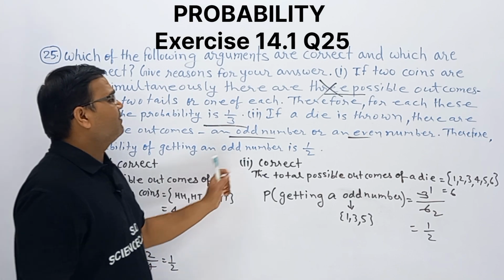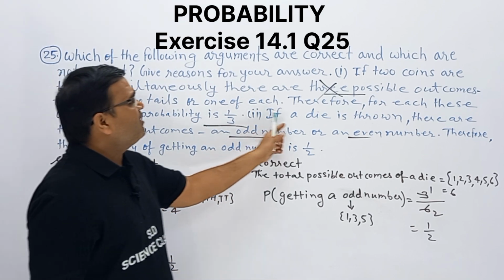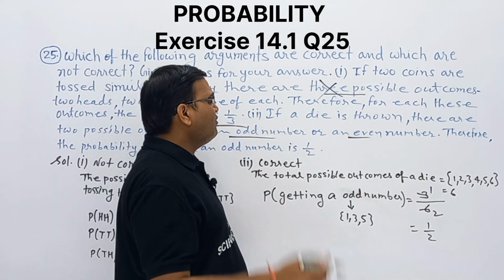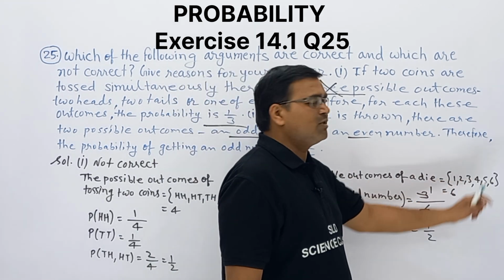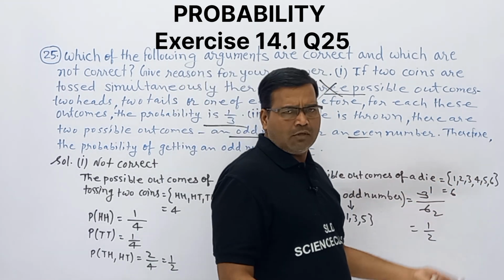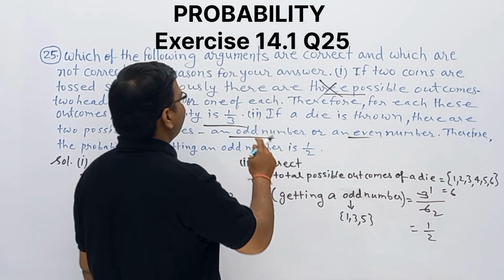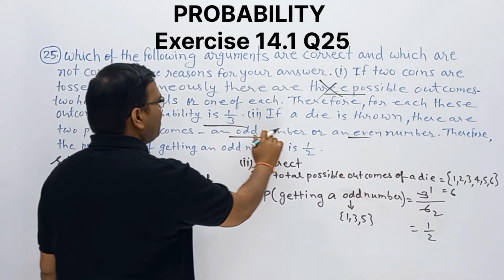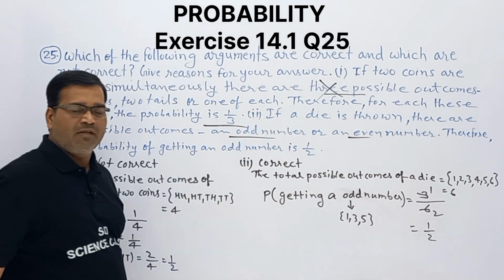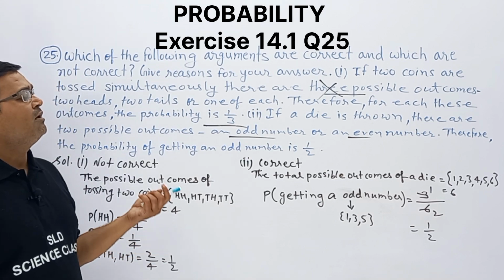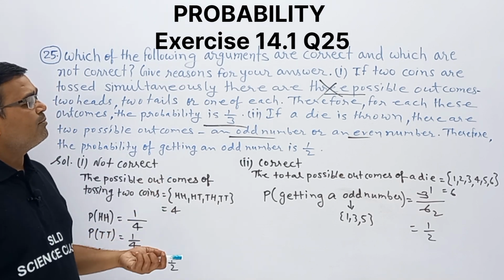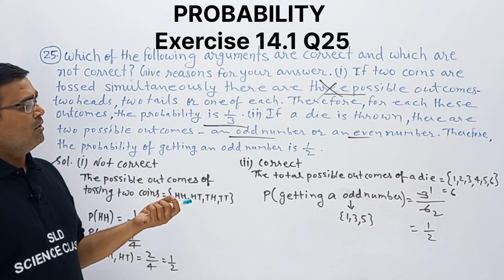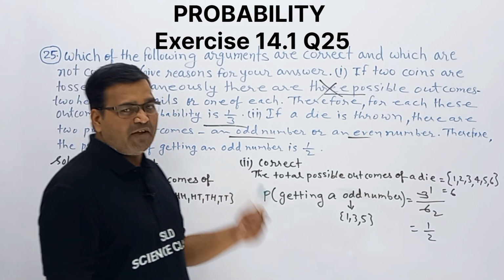But for the second argument, once we throw a die, we get 6 outcomes, 1 to 6, either an even number or an odd number. If a die is thrown, there are two possible outcomes, an odd number or an even number. This is correct. Even numbers we can obtain are 2, 4, 6, and odd numbers are 1, 3, 5.